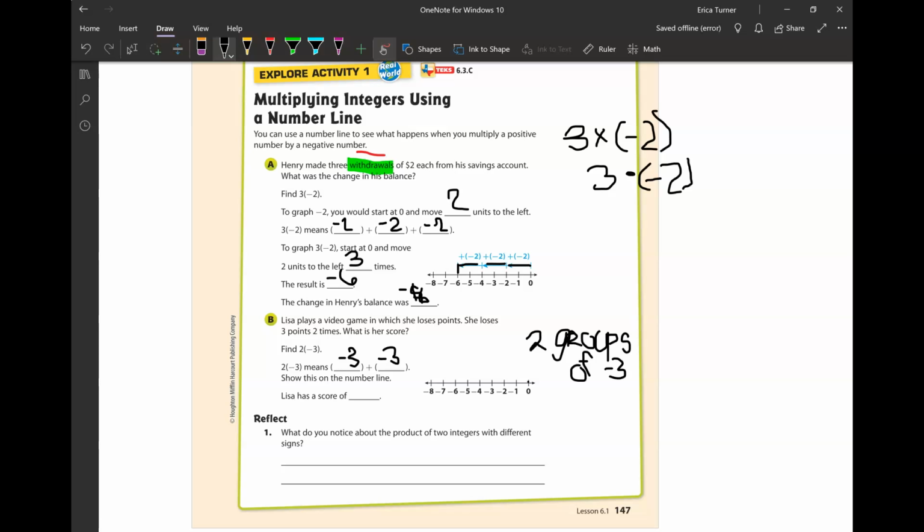And jump twice. So I'm going to start at 0 and make 1 group of 3. That's 1 jump. And then since I'm multiplying it by 2, because she lost 3 points 2 times, I'm going to jump another group of -3.